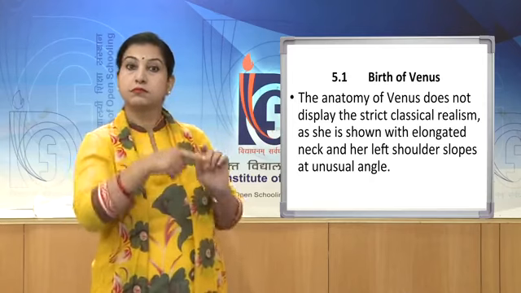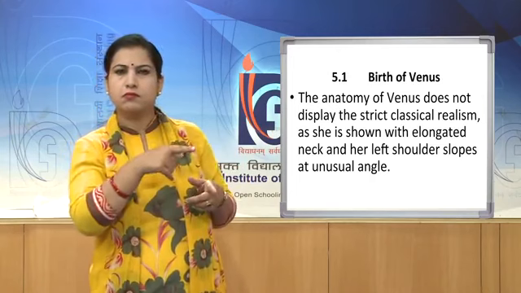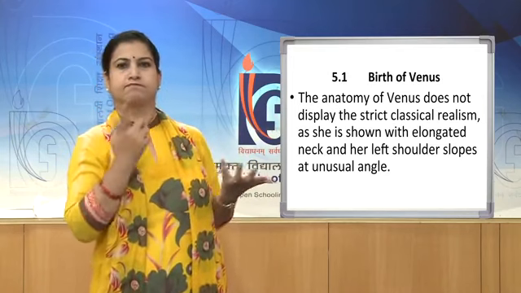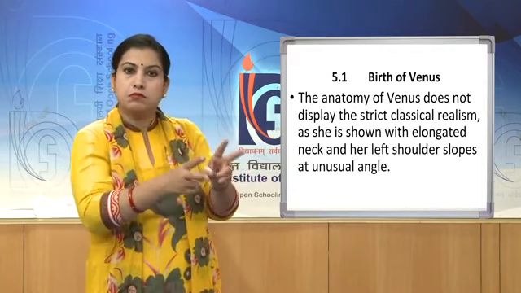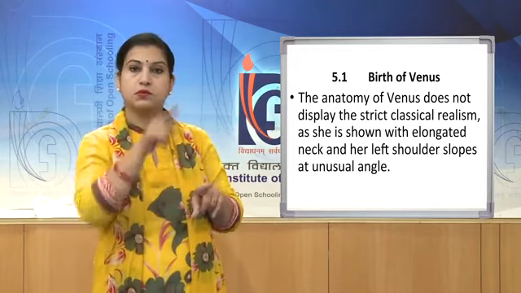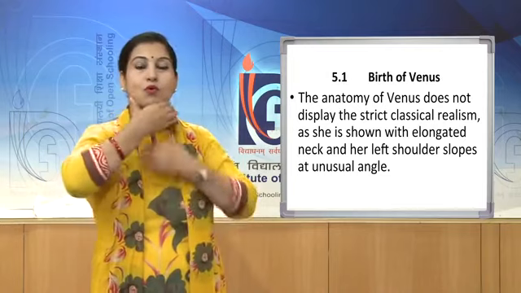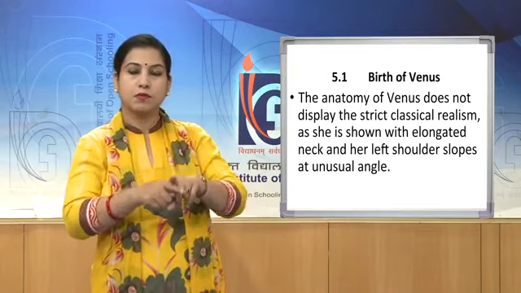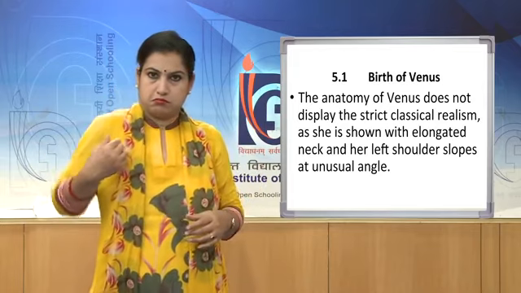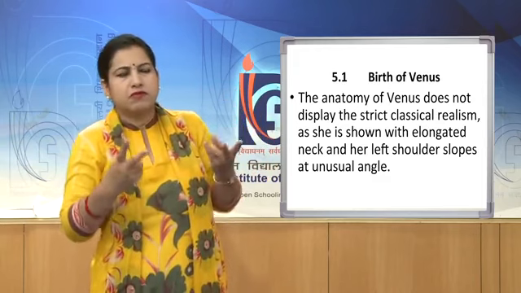The anatomy of Venus does not display the strict classical realism, as she is shown with elongated neck and her left shoulder slopes at unusual angle.